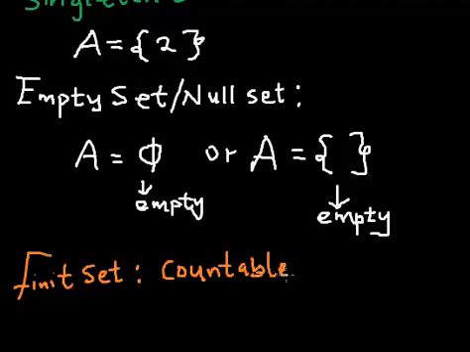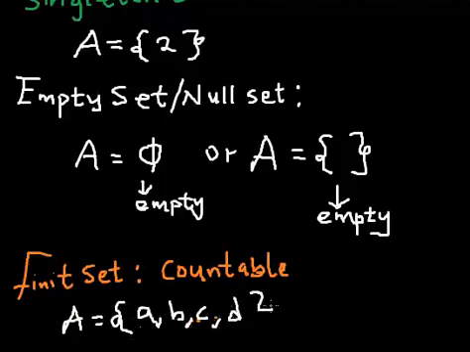So in a finite set, I don't use dot dot dot. It's not to infinity. For example, if A is a finite set, then I can simply say A is {a, b, c, d}, and it stops there.